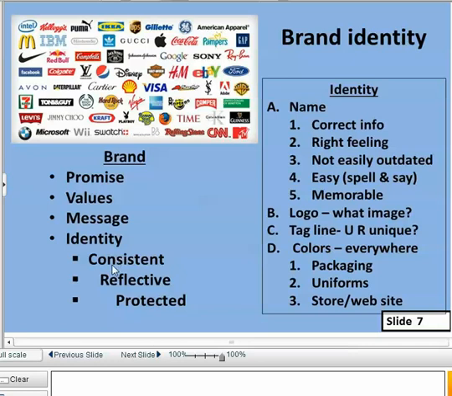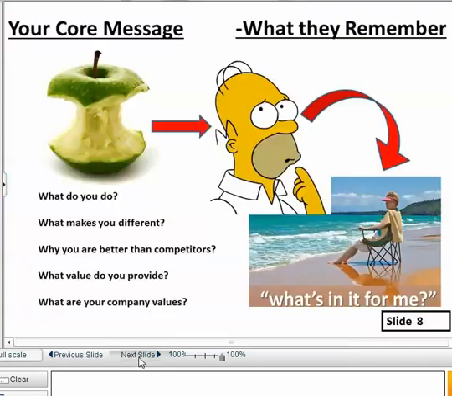Okay, moving on a little further. What else did we talk about? We talked about that main idea you're trying to get across, what we refer to as your core message. There are many ways you can structure that core message. But what's really important is not all the information you put into it, but what the customer takes away.